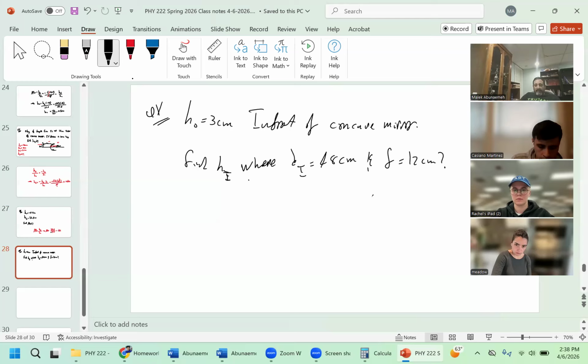So basically, it's a concave mirror. Here's our concave mirror. This is our object, somewhere around here, and this is going to be 3 centimeters.